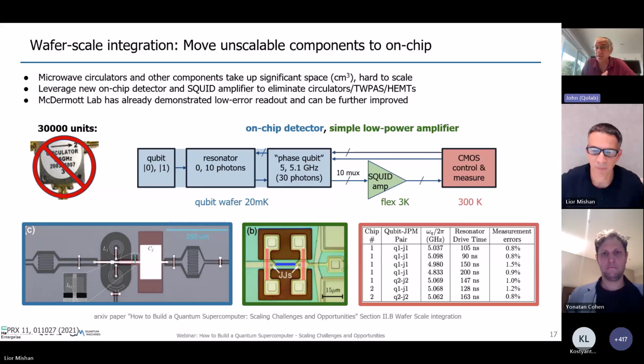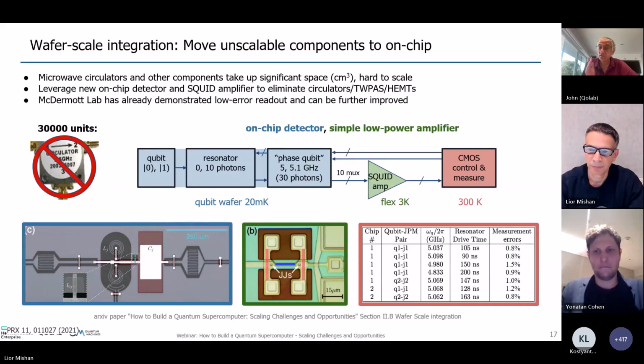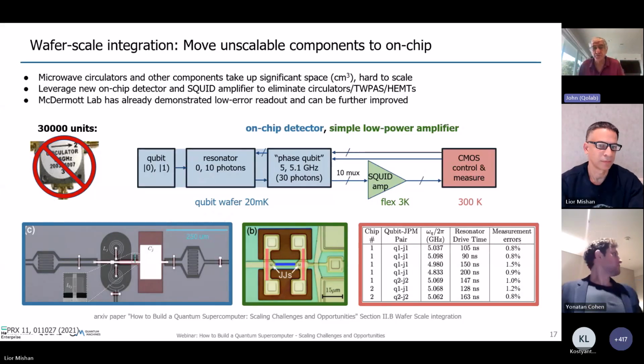The basic idea here is we're going to use an on-chip measurement system based on the resonator kind of readout, but with an on-chip phase qubit to detect the photons, and then using more of a classical kind of readout using a SQUID at 3 Kelvin to read out the device.